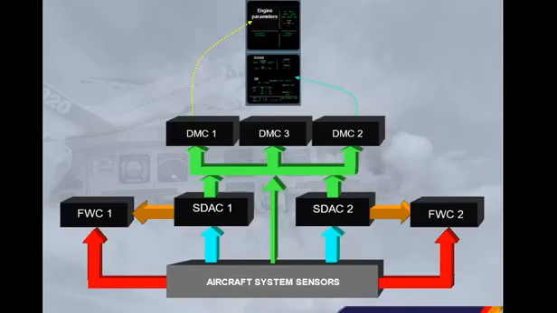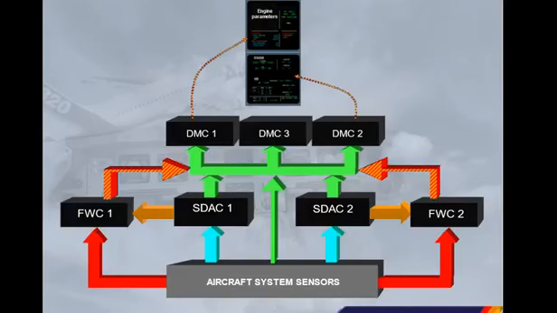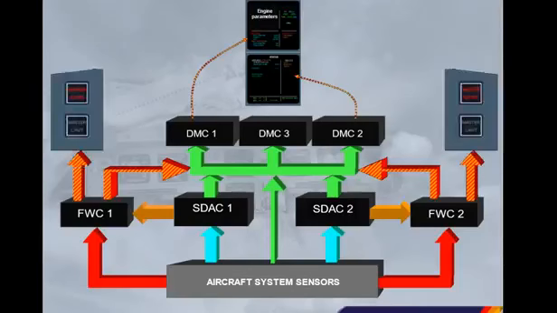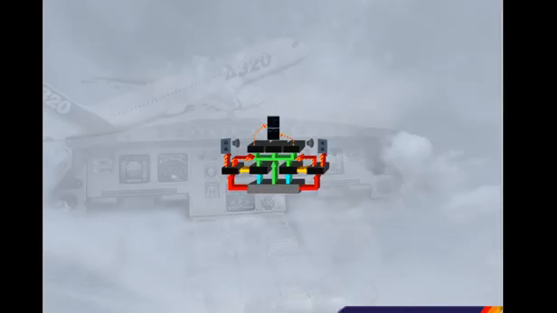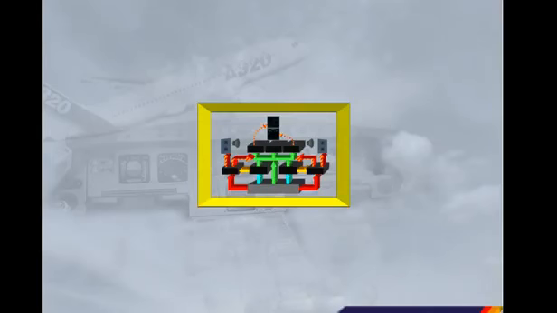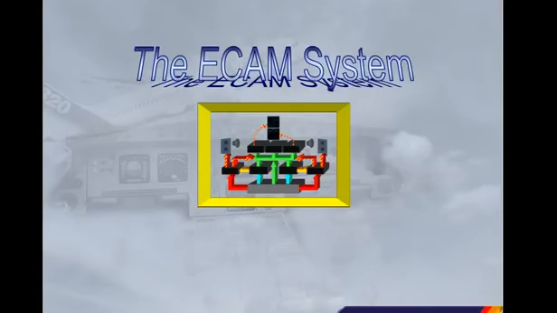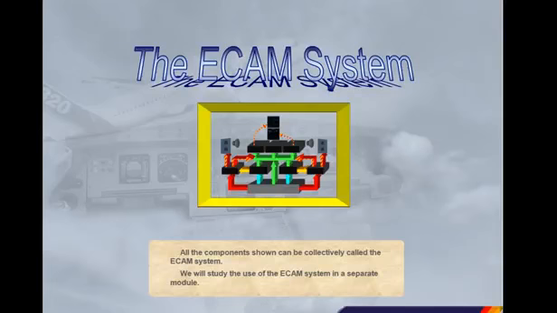The FWCs then supply the DMCs for the display of alert messages, the attention getters, the loudspeakers for oral alerts and synthetic voice messages. All the components shown can be collectively called the ECAM system. We will study the use of the ECAM system in a separate module.